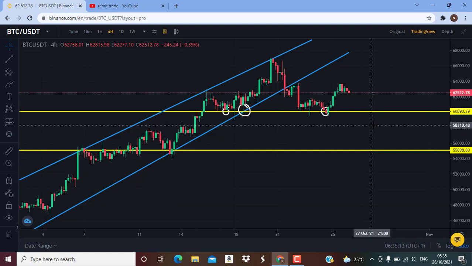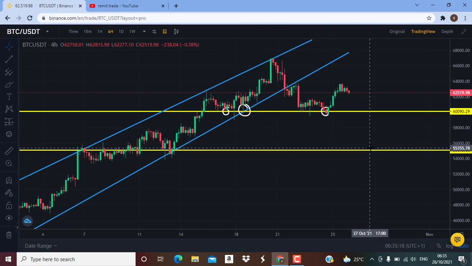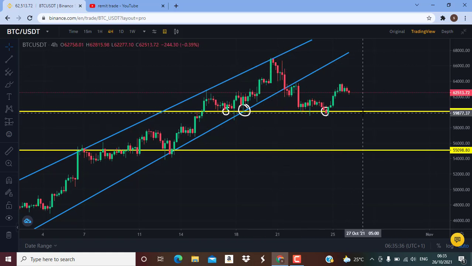Okay, I am still very much optimistic about the market. When you see the market come back down, don't panic, don't fear. The reason is that when the market comes back down like that, it gives the next impulse good strength to move to the upside and create a new high, as we see in the recent high of BTC right now. So what you should be expecting is the market coming back down a little bit to this level and then going back up.